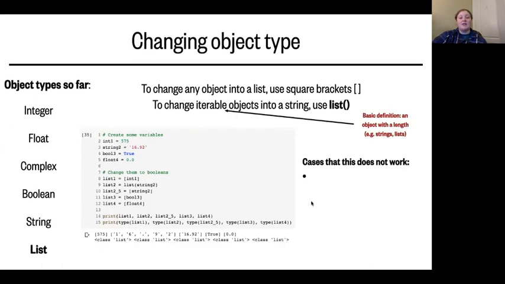Finally, to change any object into a list, you just use square brackets and put the thing you want to change inside of the square brackets. For example, we have an integer, a string, Boolean, and a float. And for each of those, we just put square brackets around them. And for that, you can just see we just create a list with this one item in it, basically. To change iterable objects, basically just objects with length, the things we've learned about being lists and strings, you can actually use the list function.